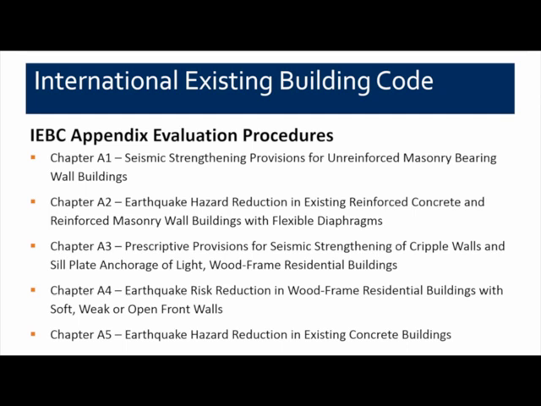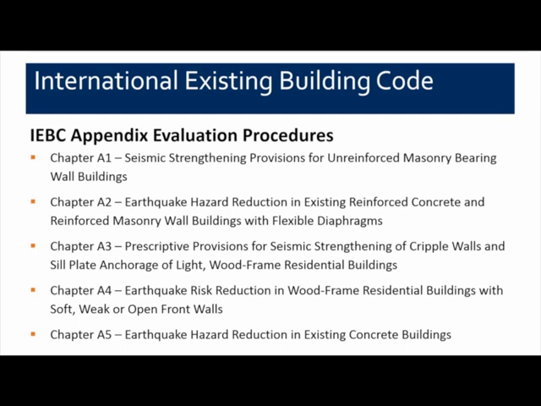So in addition to these evaluation methodologies, the International Existing Building Code has an appendix that has some chapters in it to discuss specific building types and the evaluation methodologies that might be appropriate for those building types. One of the more common types of these evaluations is for unreinforced masonry bearing wall buildings, which is described in Chapter A2.